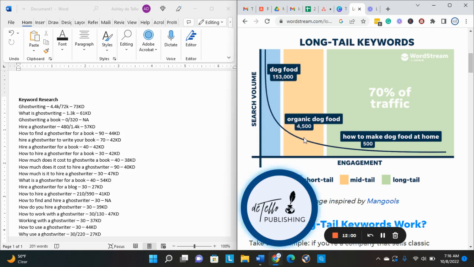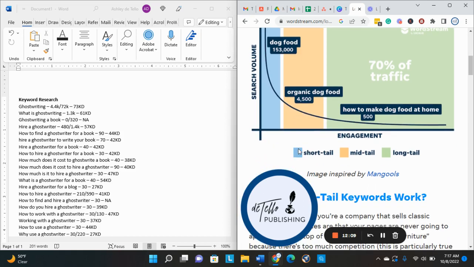And there's a smaller portion of the market that's looking for that. And then you have 70% of traffic looking for these more specific keyword phrases or questions.